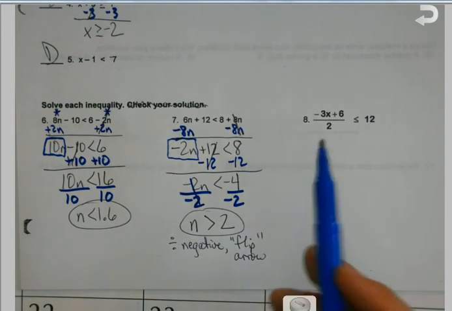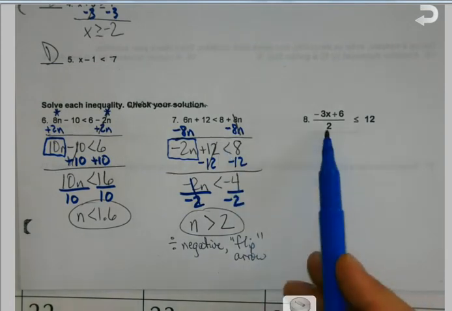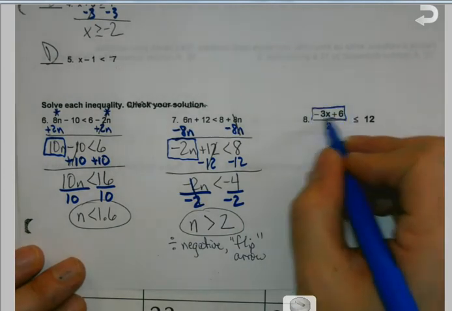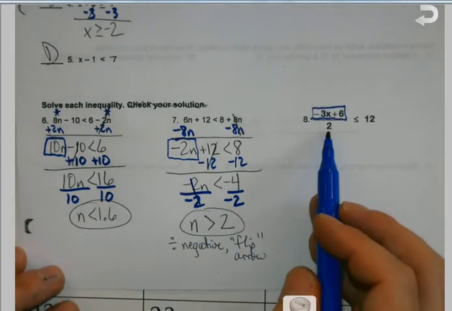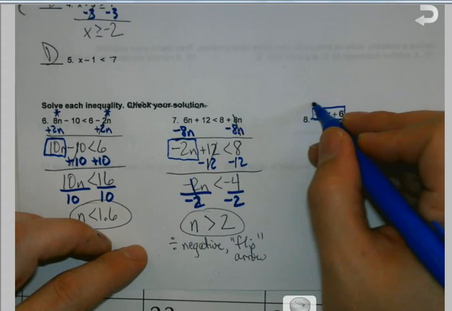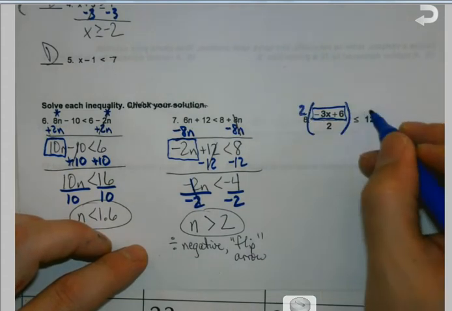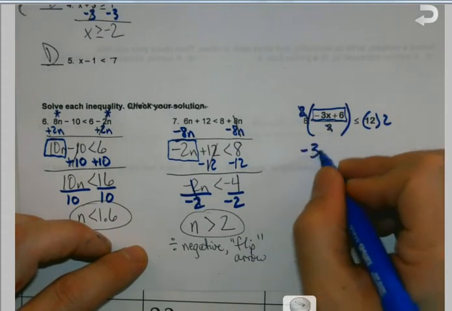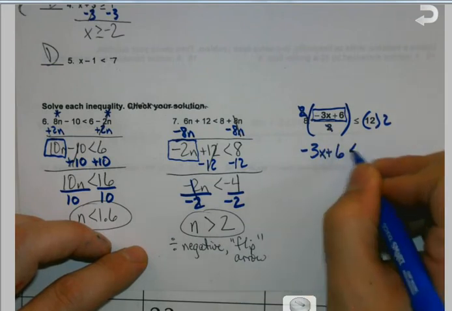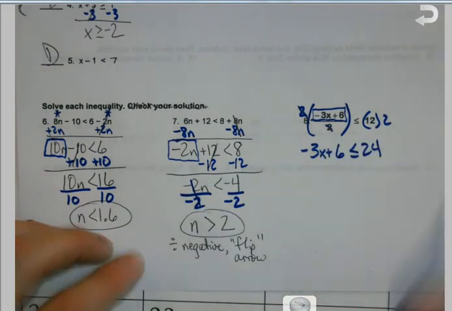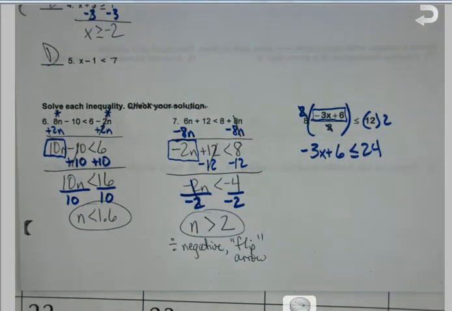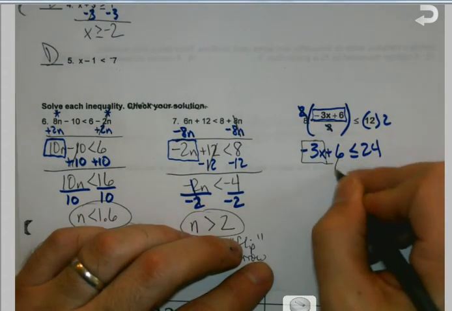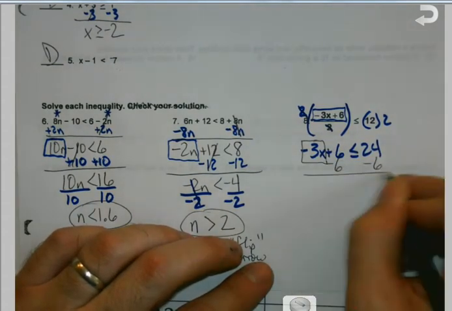Now again, you're like, 8 doesn't look like these. You're right. Here, my first job is to get the negative 3x plus 6 by itself. How do I get the 2 out of there? Times 2. Okay, so we're going to times by 2. All my x's are on the left. I like that. Minus the 6 because I want to get x alone. And I undo the plus 6 by doing that.